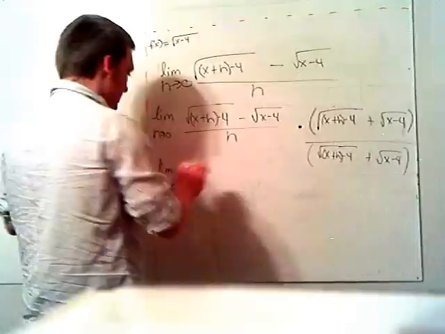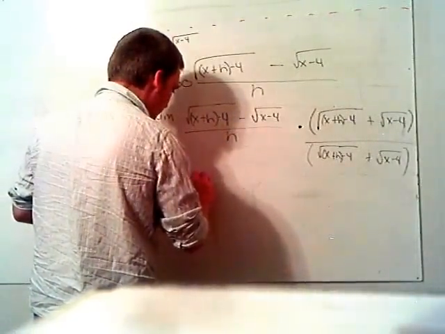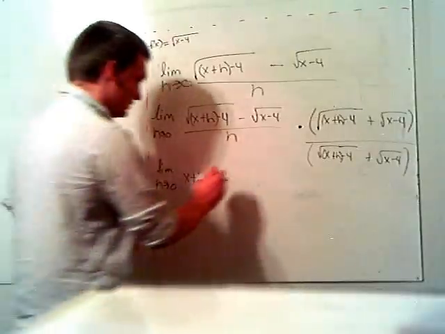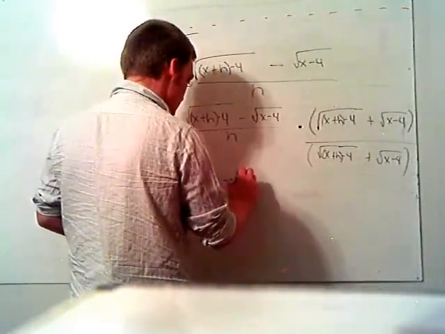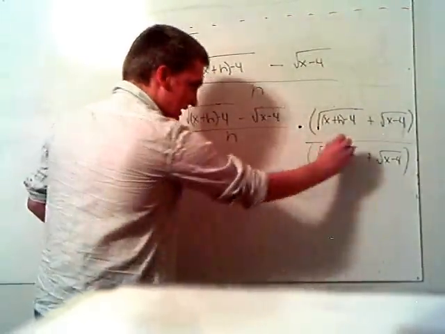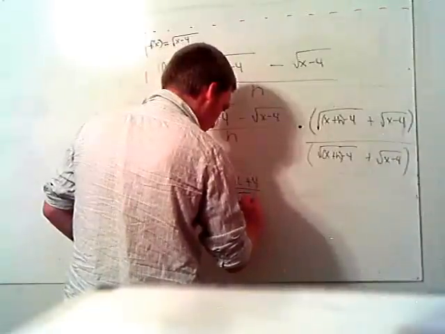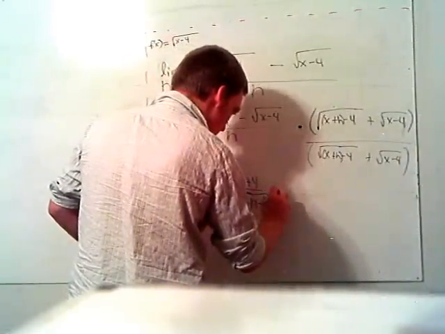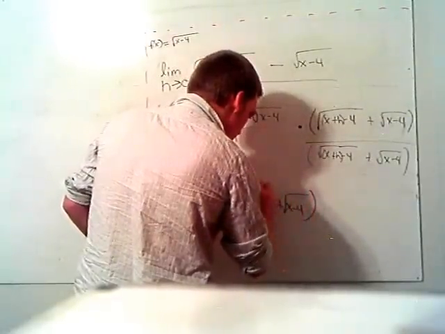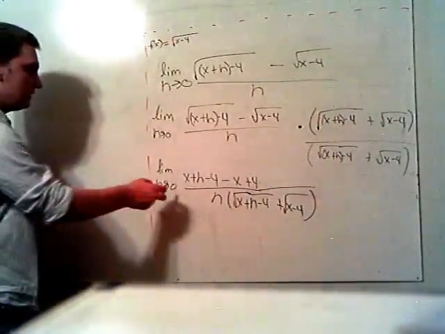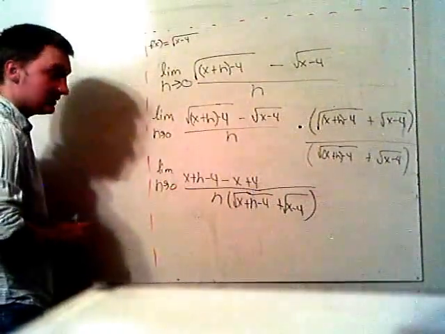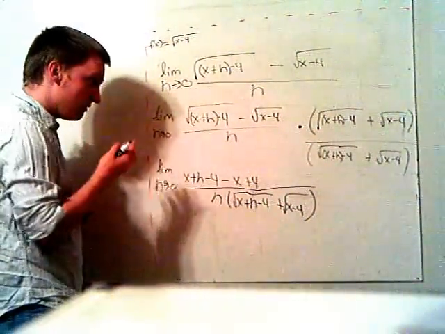I have it worked out, and it becomes x plus h minus 4 minus x plus 4, all over h times the square root of x plus h minus 4 plus the square root of x minus 4.